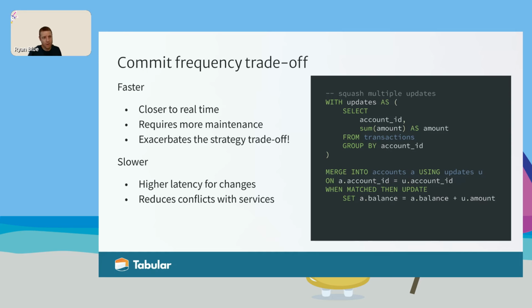But it also creates a lot more work. So if you're using delete files, it creates a lot more delete files and basically makes you need to rewrite a whole lot more often. I think of this as it basically makes the merge strategy trade-off a whole lot worse. So if you are rewriting data files, you're rewriting them all the time.